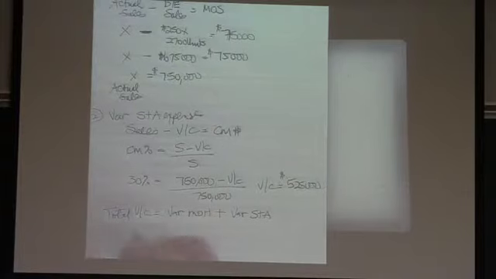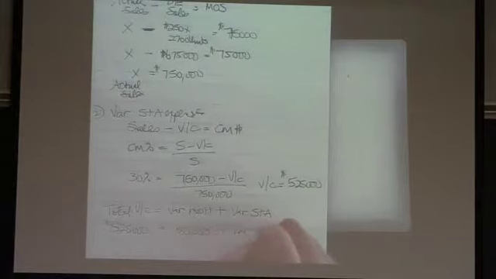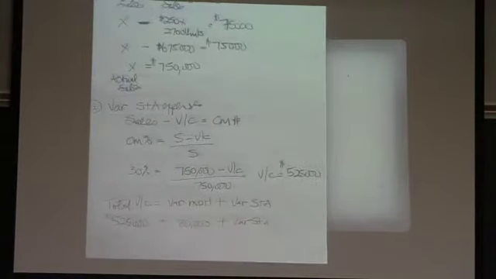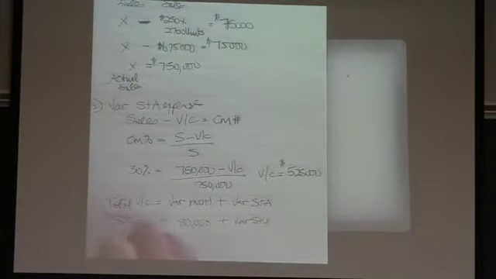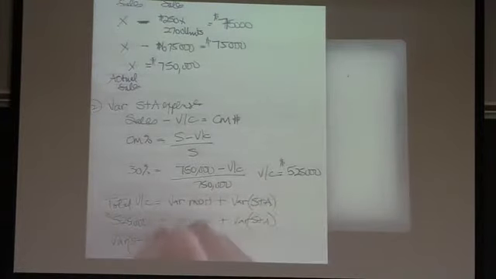So we do know the variable cost. Do we know the variable manufacturing overhead? Yes, we do. We know that's $80,000 plus the variable S&A. So solving for variable S&A gives us $525.